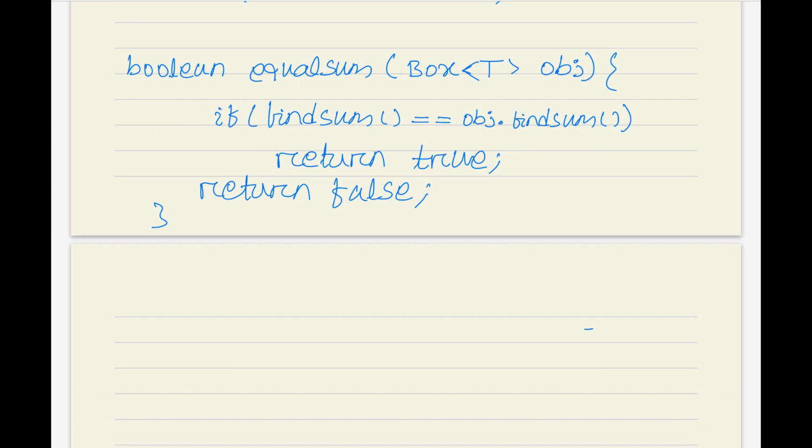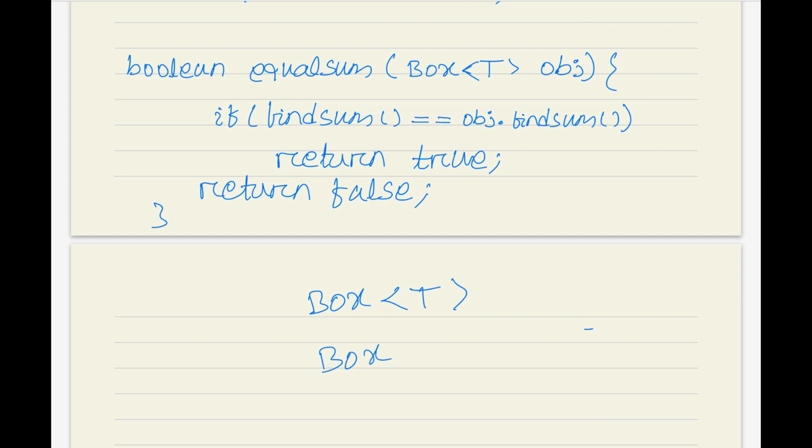So when we write Box<T> obj, that means the type of obj is Box, where Box is a parameterized type, and the type of this invoking object that invokes the equal sum method must be the same, and both belong to Box<T>, and the actual type is not known.